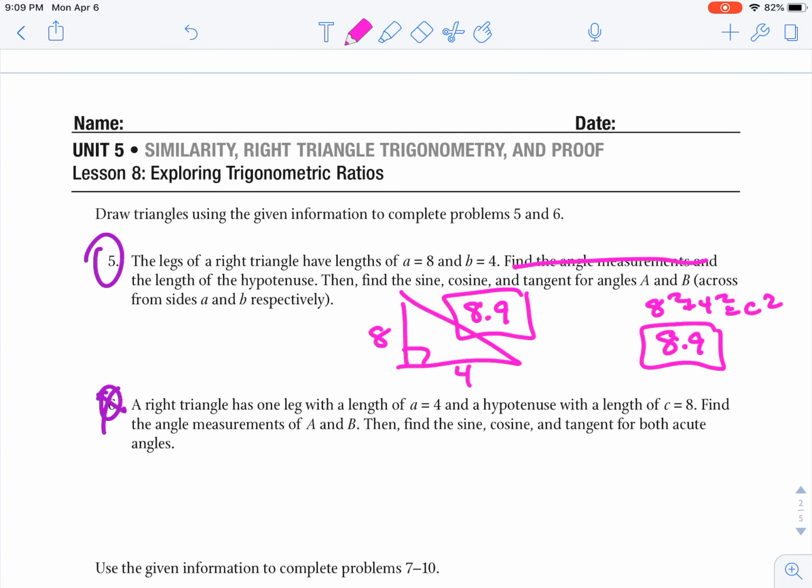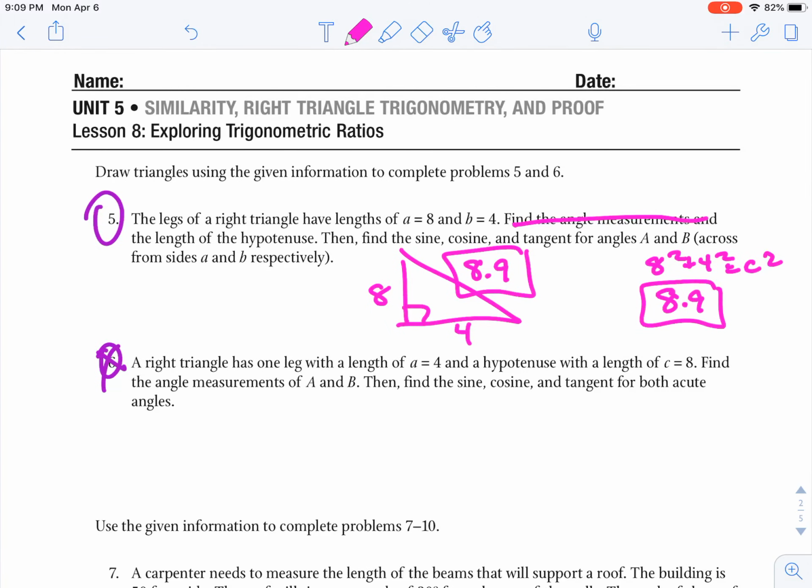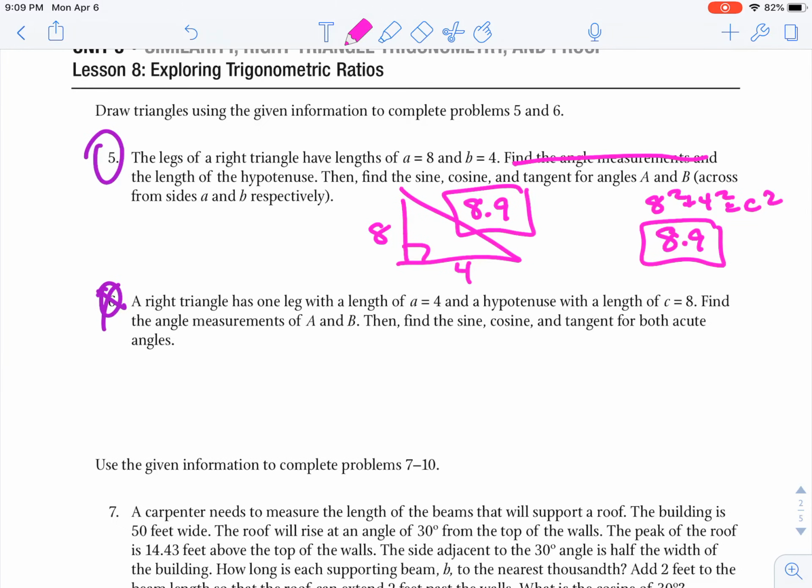And then it says find sine, cosine, and tangent for angles A and B. It doesn't matter which one. A is 8, so if little a is 8, then angle A is across from that. If B equals 4, then big B is across from that.